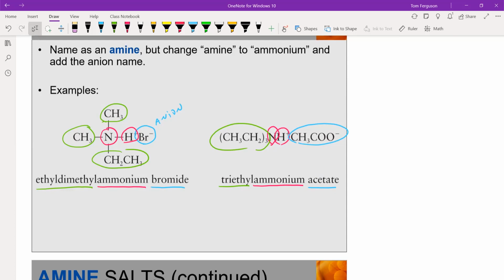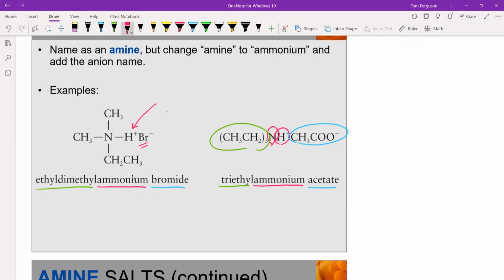Another example in terms of naming. Let's erase this stuff for a second here. So we have an ammonium cation formed here. The associated anion is bromide.